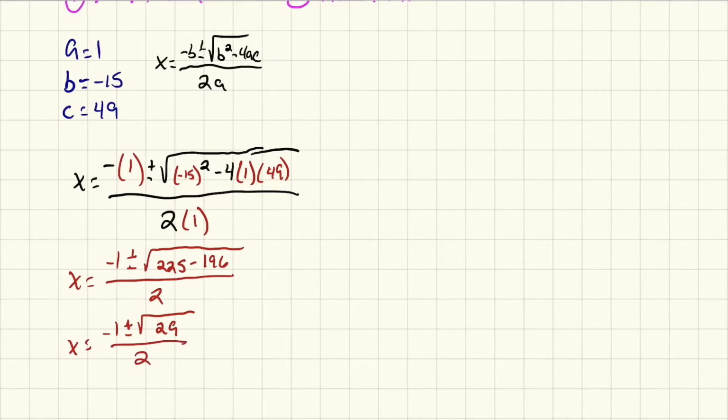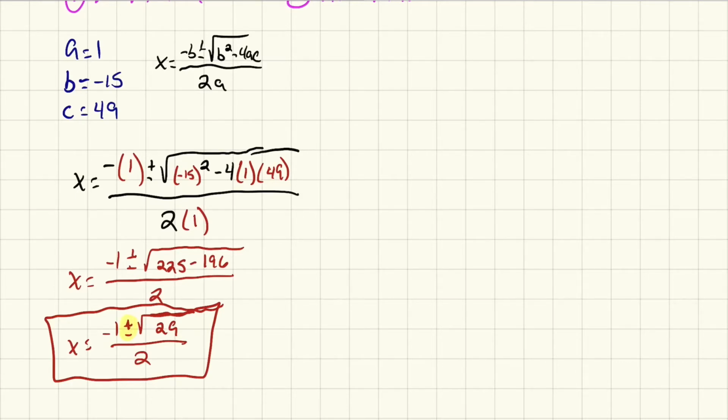All right. If we could take the square root of 29, we would, but since we cannot, our problem is finished. Now, technically, that gives us 2 answers. Now, we don't see why there's 2 answers, but if we look close, we got that whole plus or minus thing.